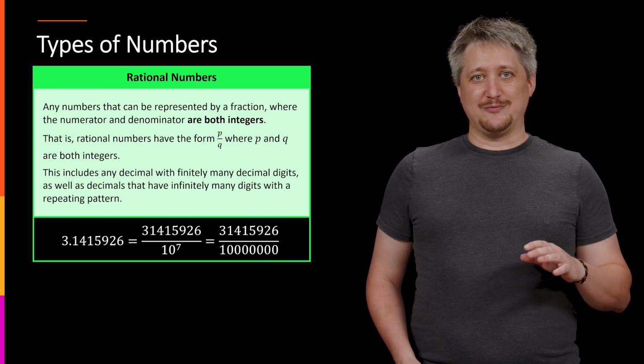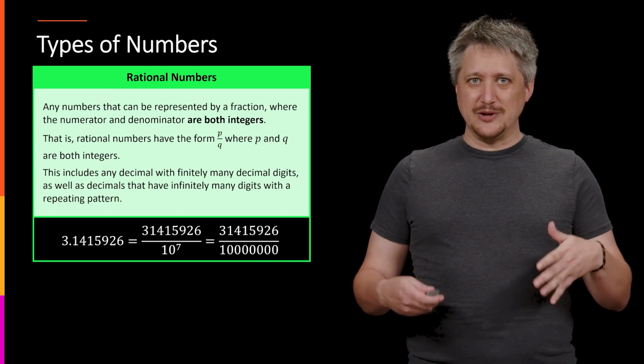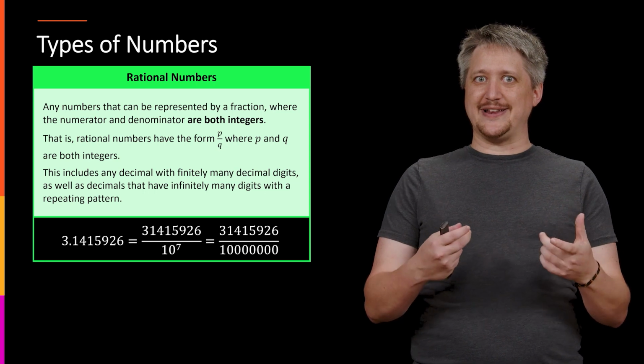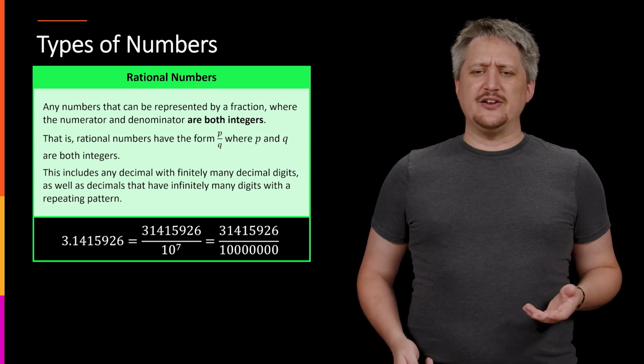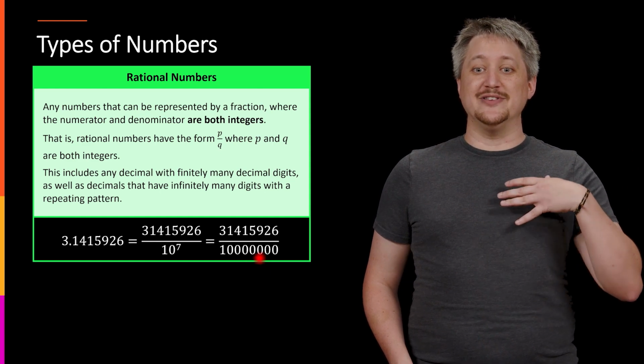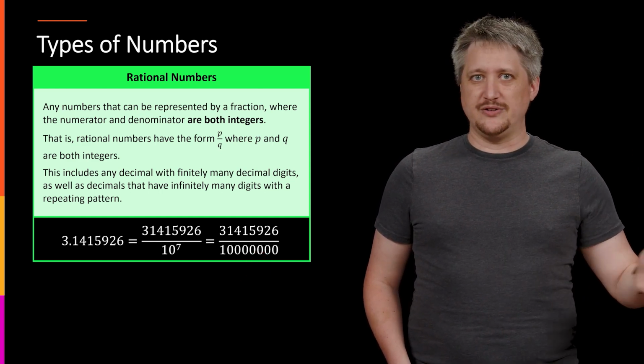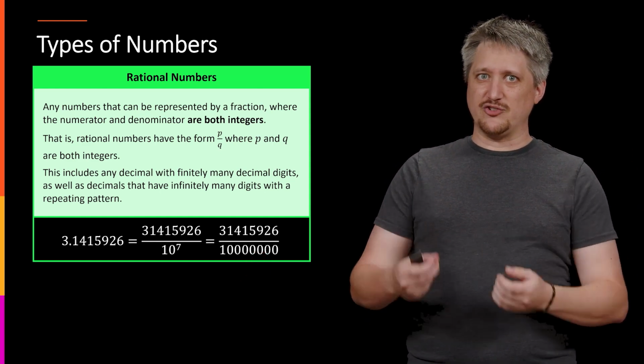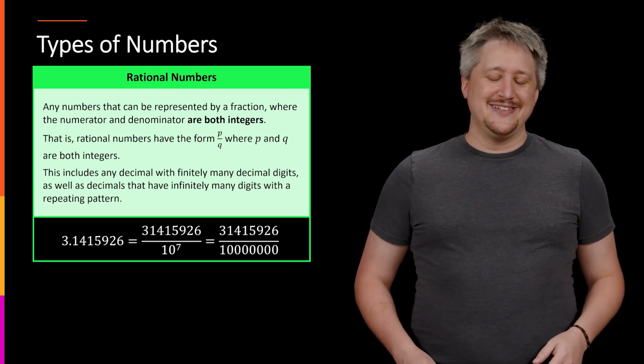So it's not just that we're defining it to be rational, it is legitimately rational, I can write it as that fraction. Notice I don't have to write this in lowest form, right? As long as it's writable as some fraction, I'm good. I don't have to make it the right fraction, as long as it's equal.